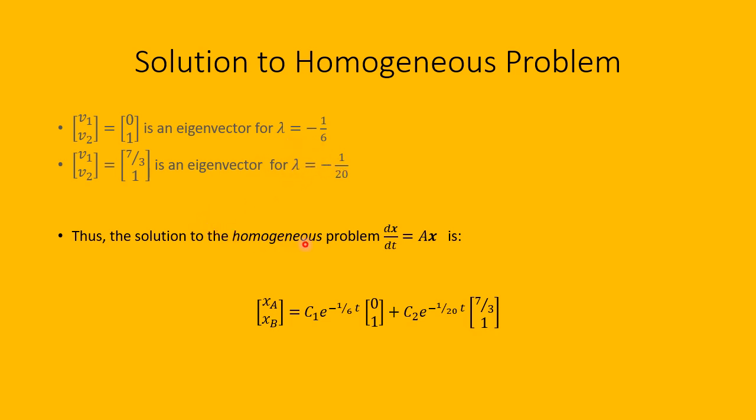So the solution to the homogeneous problem, dx/dt equals Ax, can be written the following way. (x_a, x_b) equals an arbitrary constant c1, e to the minus 1/6 t times the eigenvector corresponding to this eigenvalue minus 1/6, plus c2, e to the minus 1/20 t times this other eigenvector, 7/3, 1.